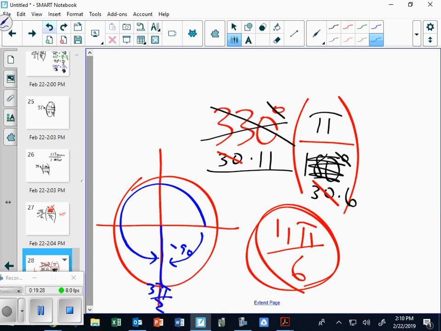Negative, how many radians would that have been if I would have gone negative? That's how many radians that would be. Negative pi over 2. Because you remember that 90 was here and pi over 2 is with it. Half of pi, which was over here.